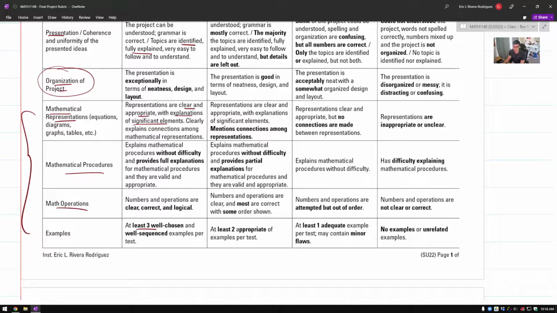If you have numbers or calculations that are incorrect, then you are going to start losing points in this criterion. And then the examples. How many examples do I want to see per test? 3 at least. You can add more if you want, but if you select at least 3 well-chosen and well-sequenced examples, you are good for that test.